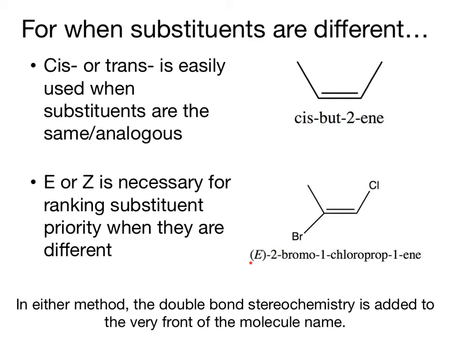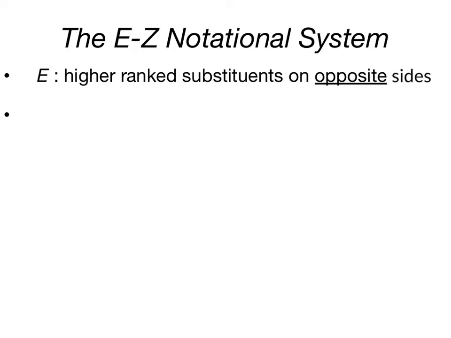The E and Z always go in parentheses, which we'll show you some examples of, and cis or trans just get added to the front with a dash. So the E and Z notation is definitely more complex than just cis or trans, but it also can be used for far more alkenes.